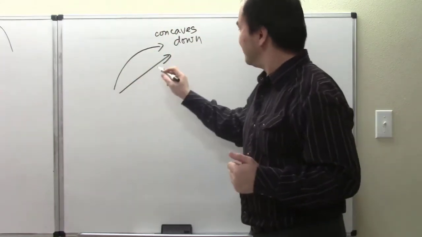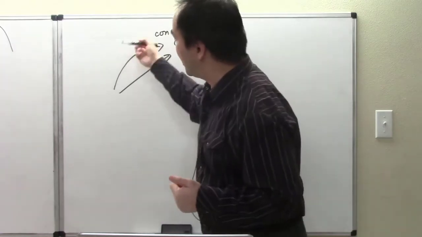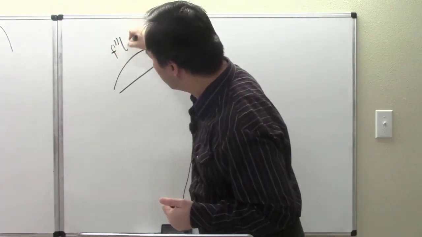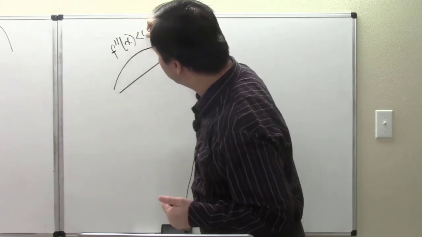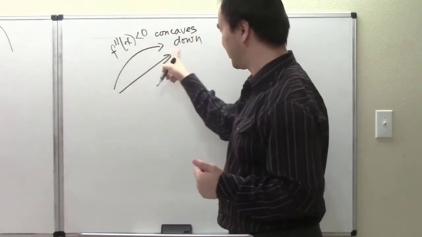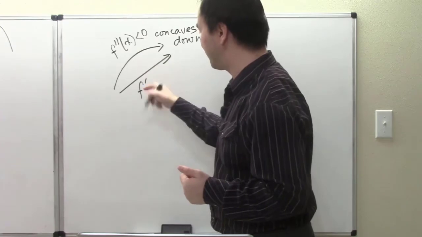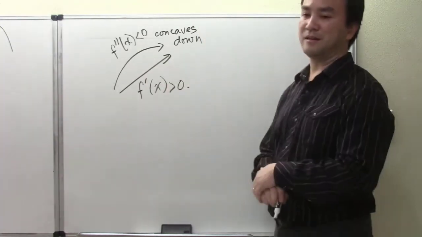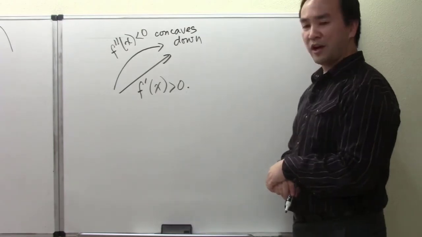Concaves down is when your second derivative must be negative in the interval, and of course the function is increasing, so your f prime, your first derivative, is positive. Okay, and so that's one fundamental shape.